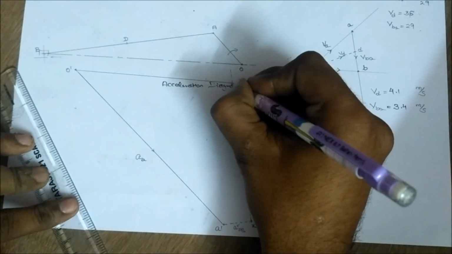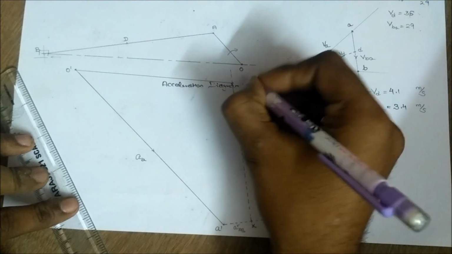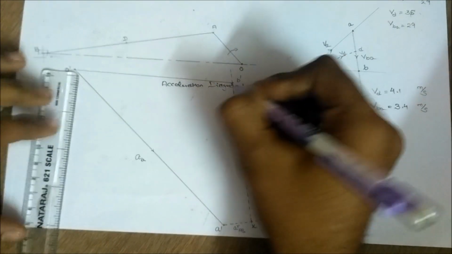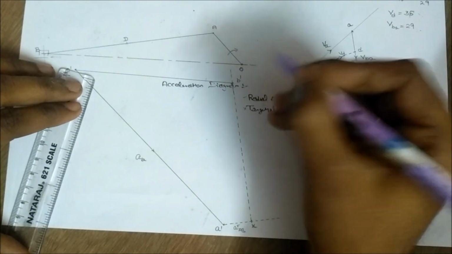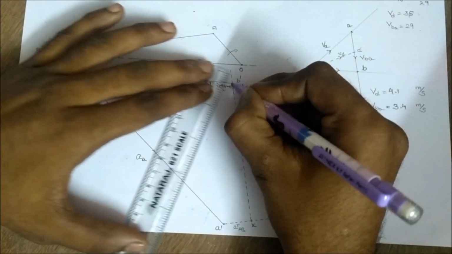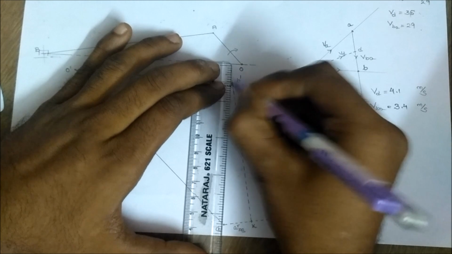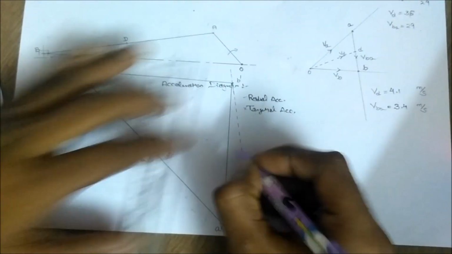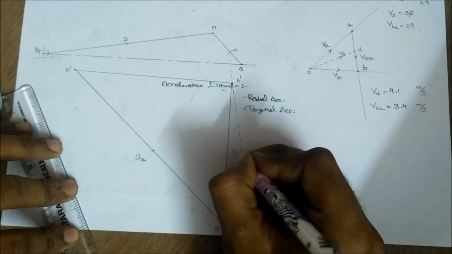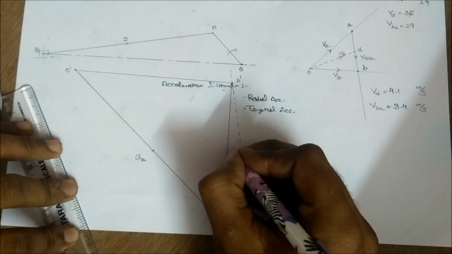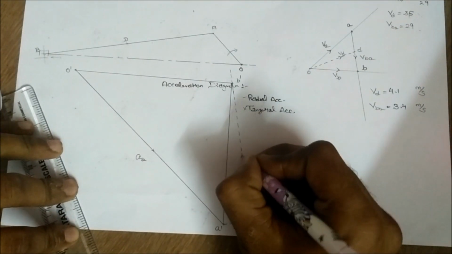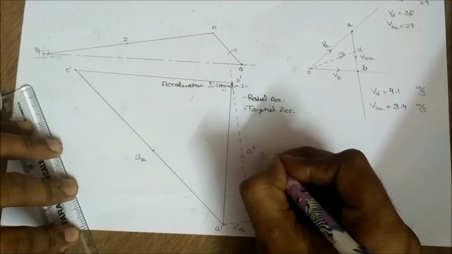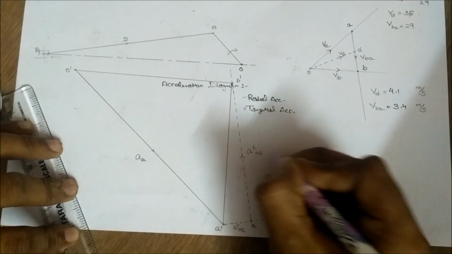The point which is going to be met here, that is the point B. Since it is an acceleration diagram, we are naming it as B dash, and from here to here we are going to draw a line which is the tangential acceleration of the link AB.